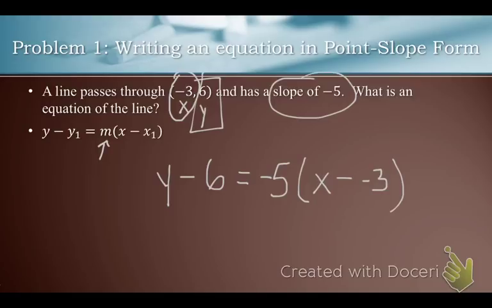In this equation, the only thing that can be simplified is my two negatives make a positive. So I end up with y minus 6 equals negative 5 times the quantity of x plus 3. So as you'll notice, all I needed to do there was plug in that slope and then take the x1 and y1 and plug in my ordered pair.